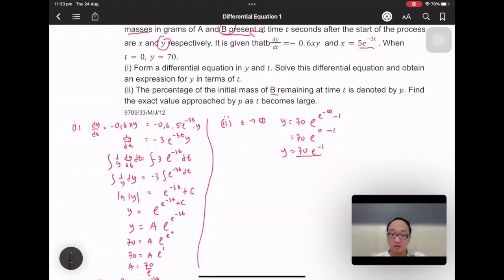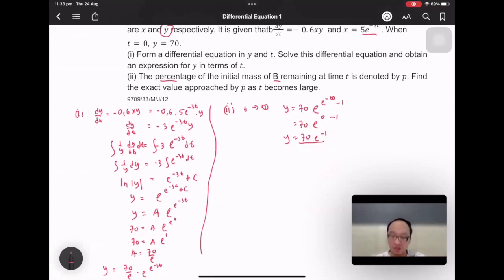So we have to find the percentage. So we have to divide it by the initial value. What is the initial value? The initial value is when t equals 0. So when t equals 0, y equals 70. So to find the percentage P, we just divide 70 e to the power of minus 1 by the initial value 70, times 100%.